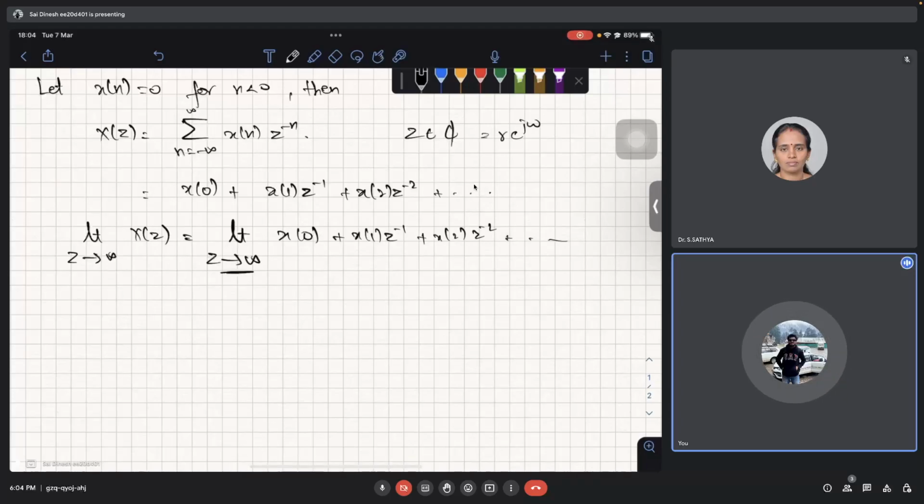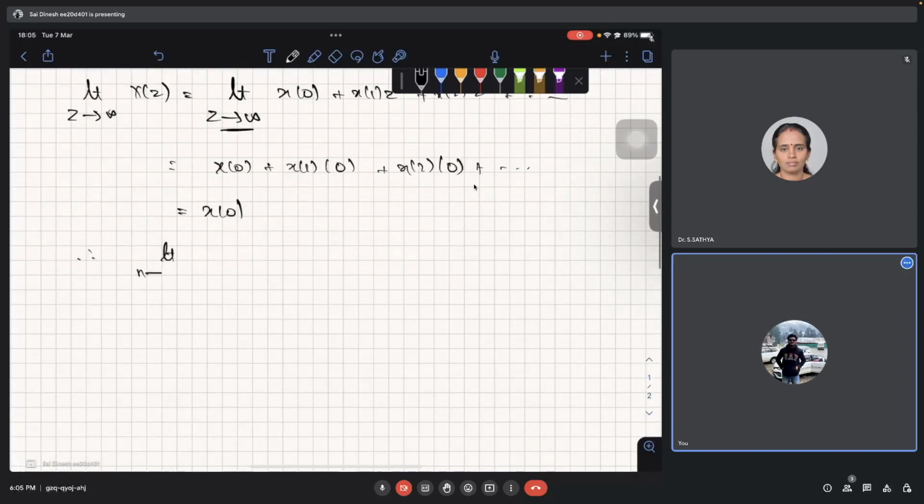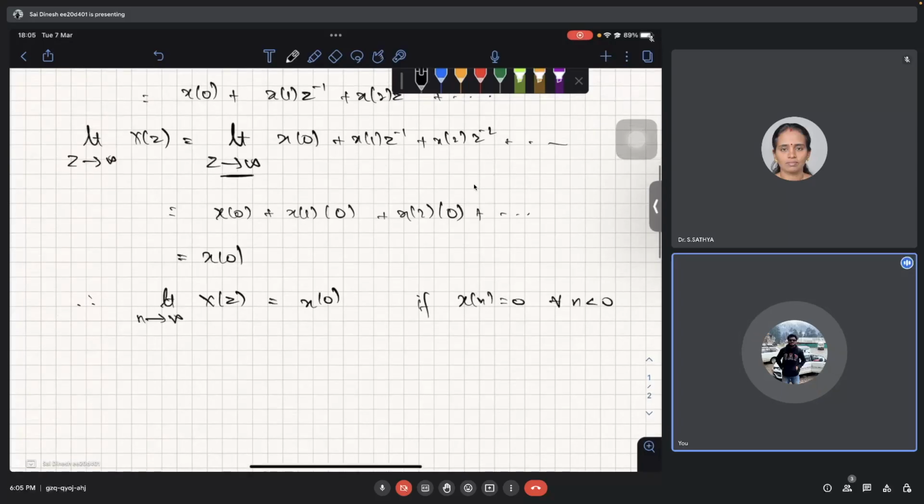But as z tends to infinity, z to the minus 1 tends to 0. So this will be equal to x of 0 plus x of 1 times 0 plus x of 2 times 0 plus so on, which is equal to x of 0. Therefore we state that limit z tends to infinity of X of z is equal to x of 0 if x of n equal to 0 for all n less than 0. Okay, so this is the initial value theorem.